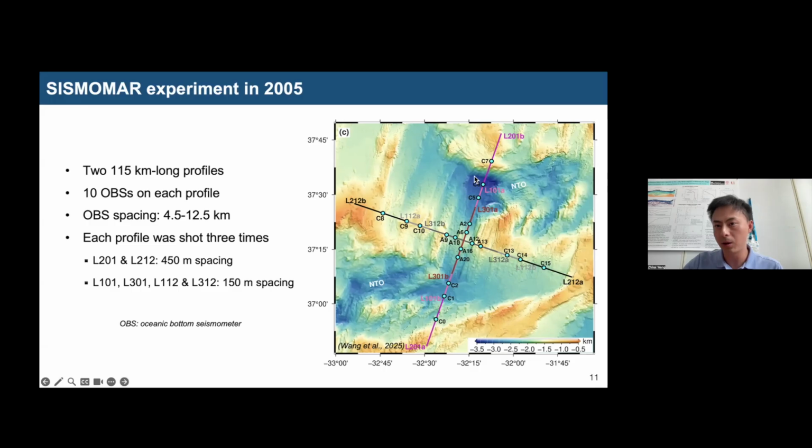Today I will only focus on the one along the ridge axis. Ten ocean bottom seismometers were deployed along this ridge segment at 4.5 to 12.5 kilometer spacing. And this seismic profile has been shot three times using different shot spacing, either 450 meters or 150 meters.